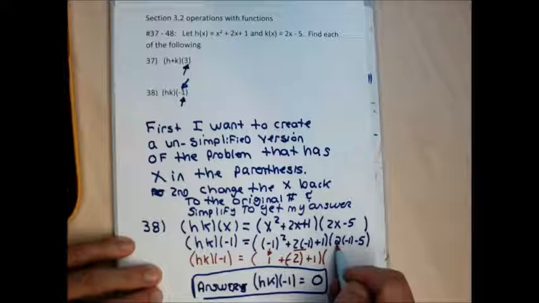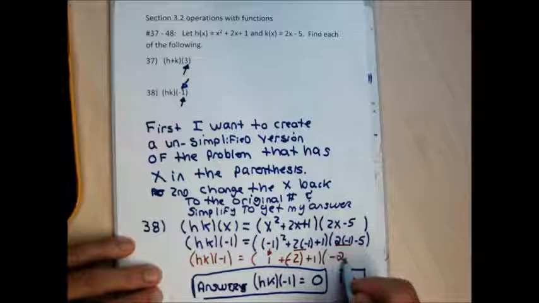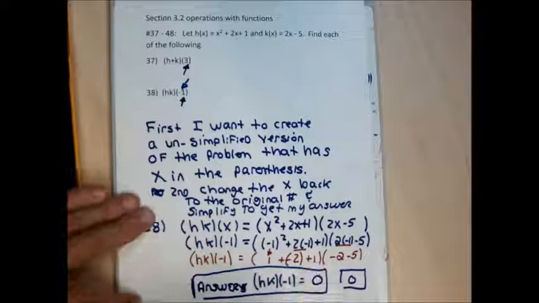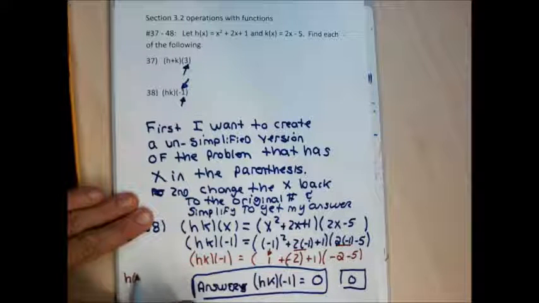In the last parentheses, 2 times negative 1 is negative 2, and you'd get negative 5. 1 plus negative 2 is negative 1, plus 1 is 0. So if I was simplifying this by hand, the first parentheses would come out to 0. The second parentheses would come out to negative 7. And 0 times negative 7 is 0.